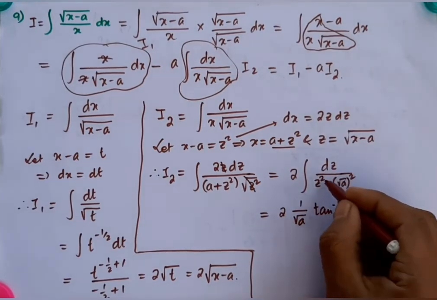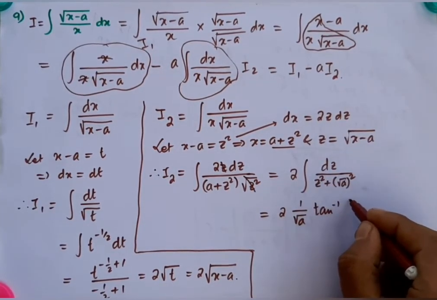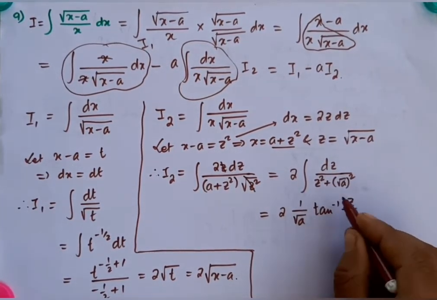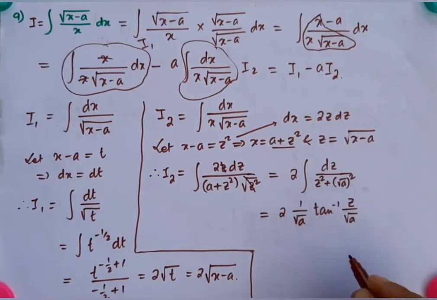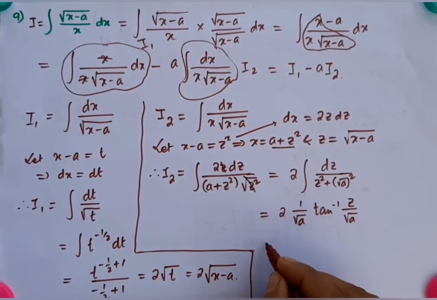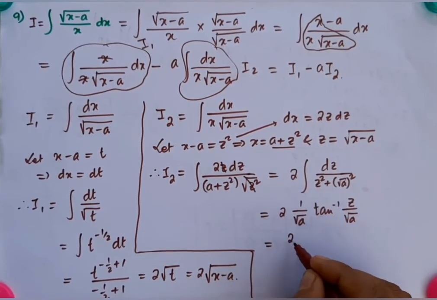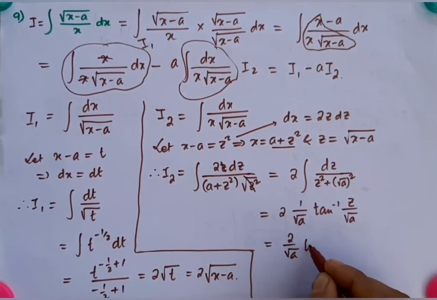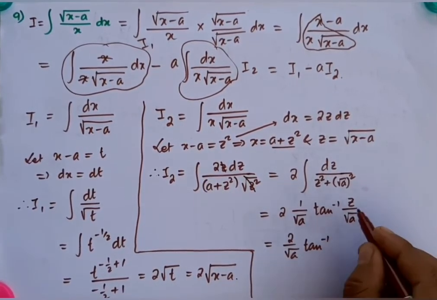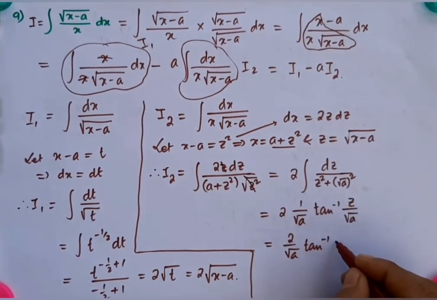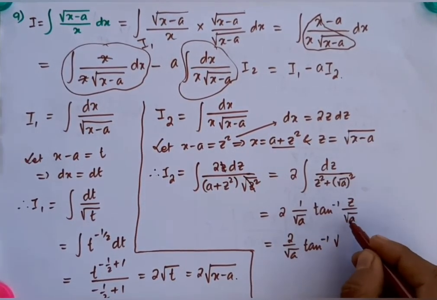Instead of x we have z, so it is tan inverse of z by root a, and what is a here? A is root a. So that's why this turns into 2 by root a tan inverse of z. Now what is z? Z is square root, or you can combine this.